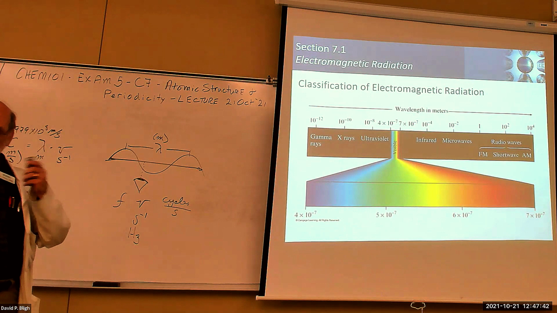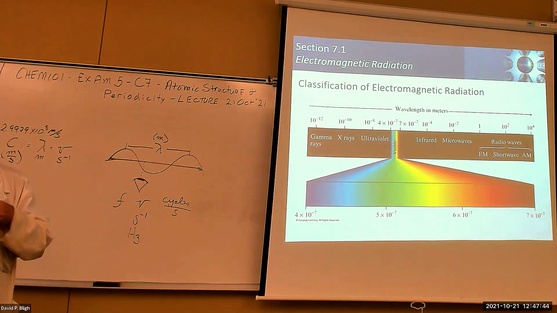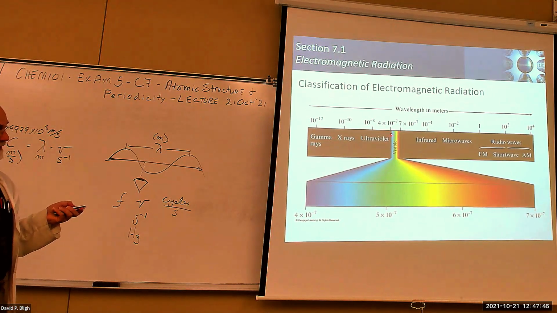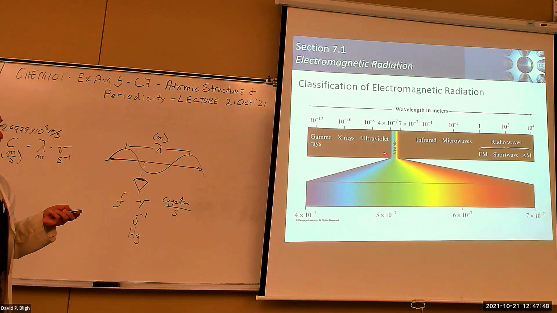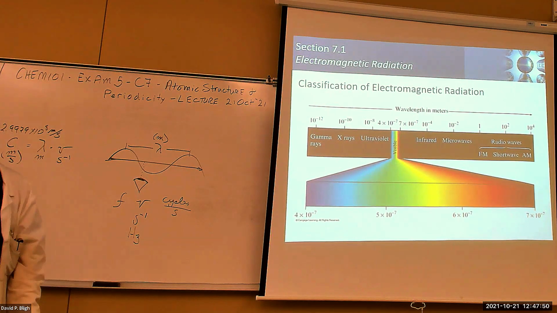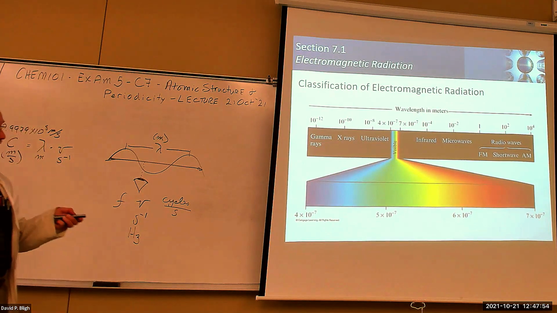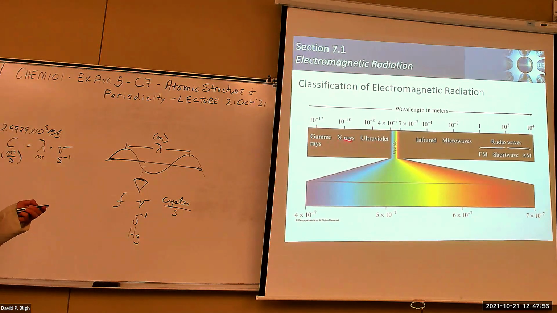But we talked about colors in the beginning. The spectrum that we can see, the visible spectrum, is extremely narrow. Most of the electromagnetic spectrum is not visible to the human eye.